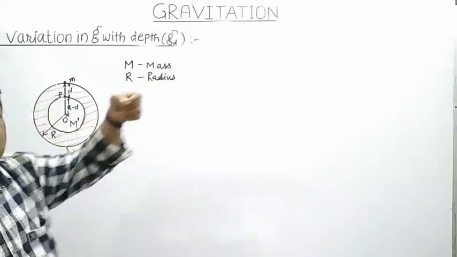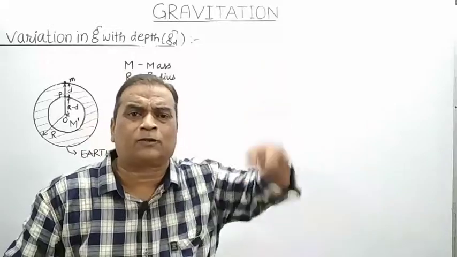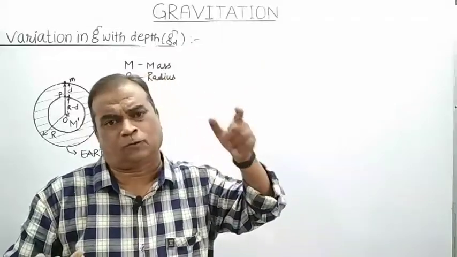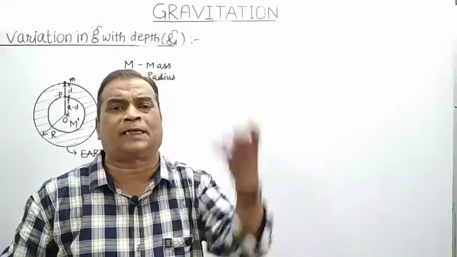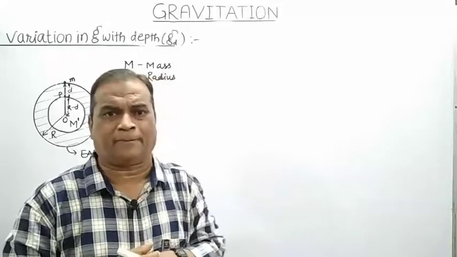So naturally that object is attracted towards the center of the earth due to what? The gravitational force exerted by earth on that object.